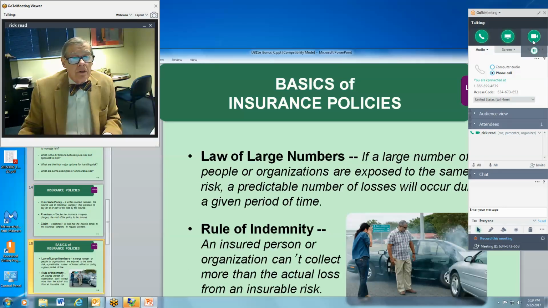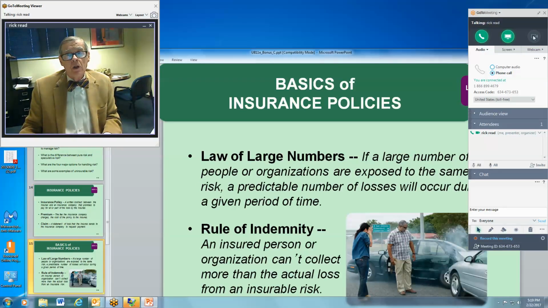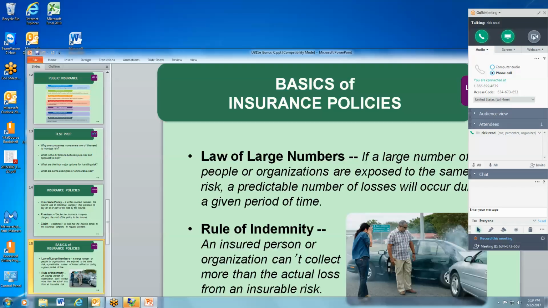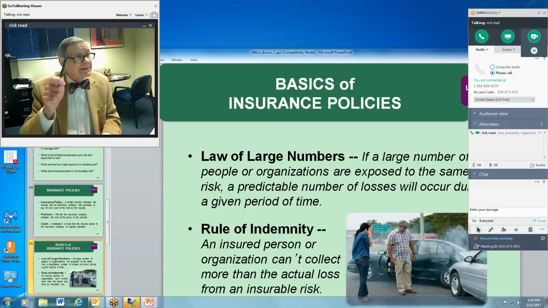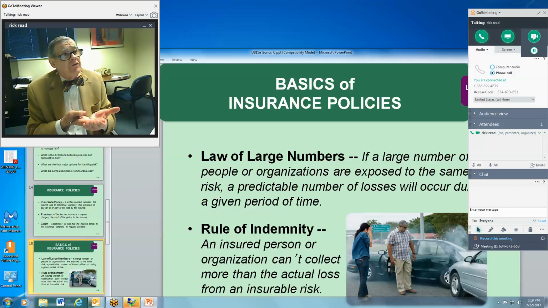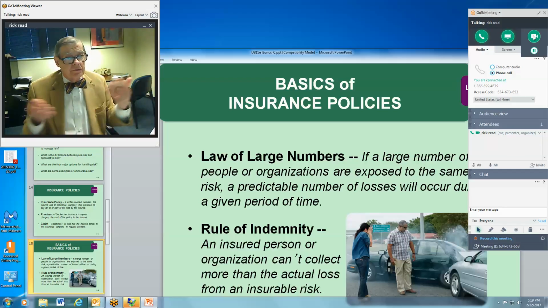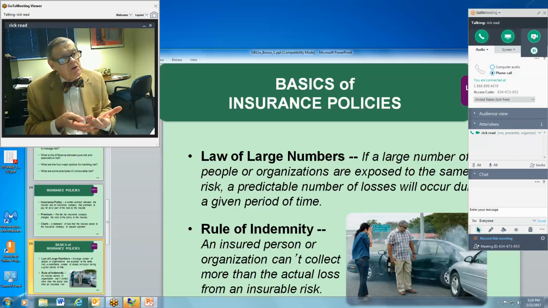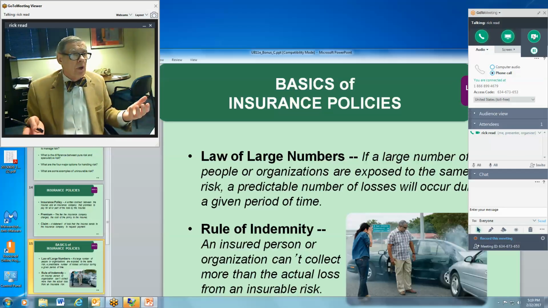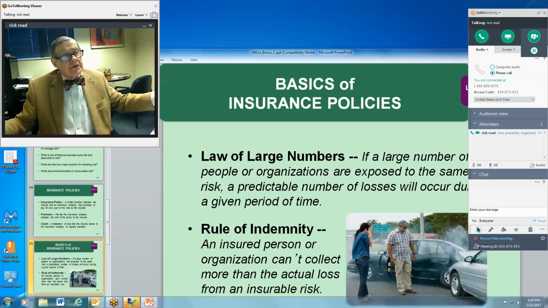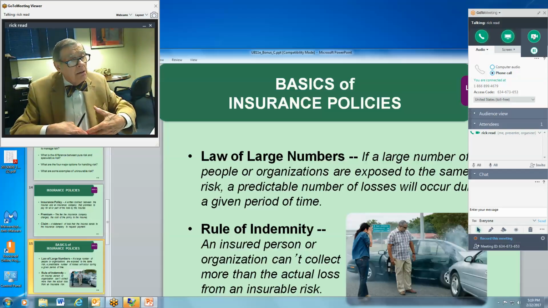Now, these are the basics. The law of large numbers. What an insurance company wants to do to minimize their risk is to get as many possible people buying the same type of premium, people, organizations, etc. And if everyone is exposed to a similar type risk, I can spread that risk out because I have more people paying in than I'm going to have to pay out.